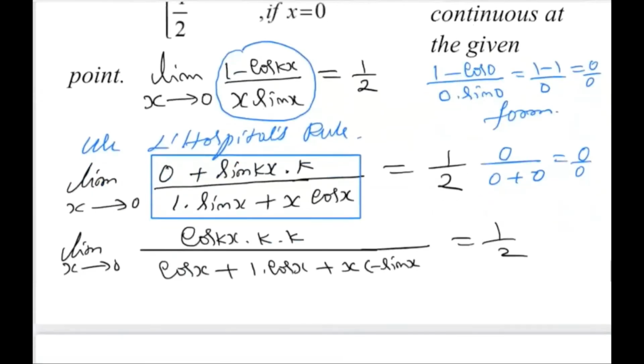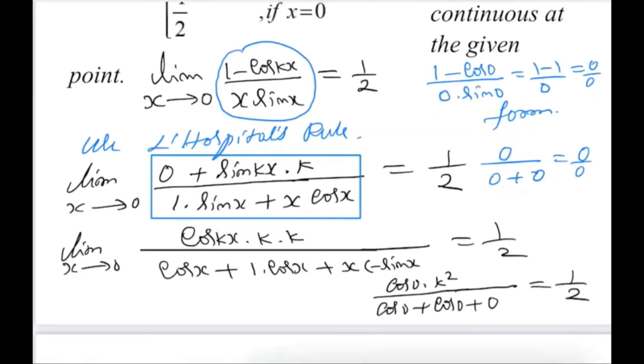Now put x equal to 0. What happens? Cos 0 into k square upon cos 0 plus cos 0 plus 0 into sin, whatever it is, 0 only, equals 1 by 2.